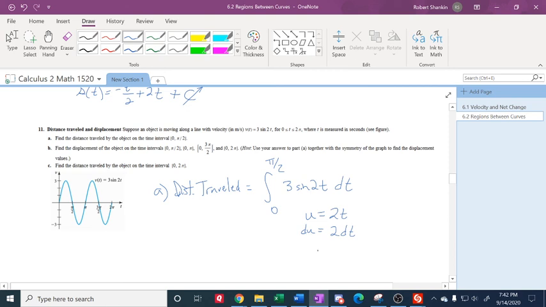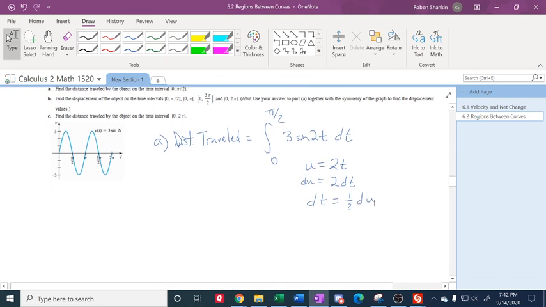Alright, so then dt is 1/2 du. So I'm going to rewrite this integral now, but I'm not going to use any t's, I'm going to use all u's.